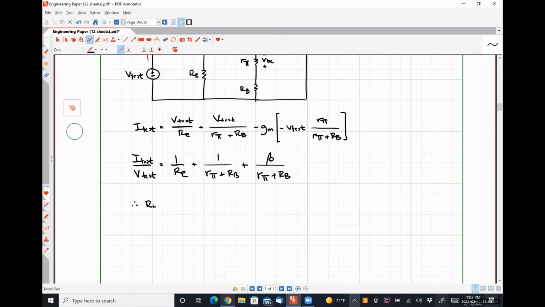And from this, our output resistance is RE in parallel with R pi plus RB over beta plus 1.